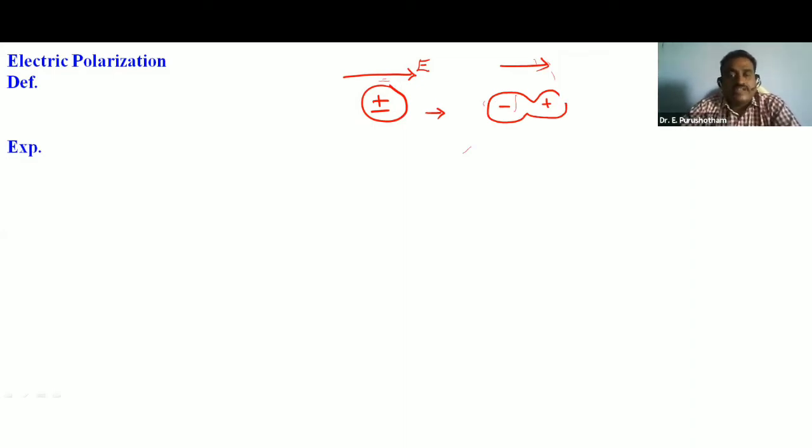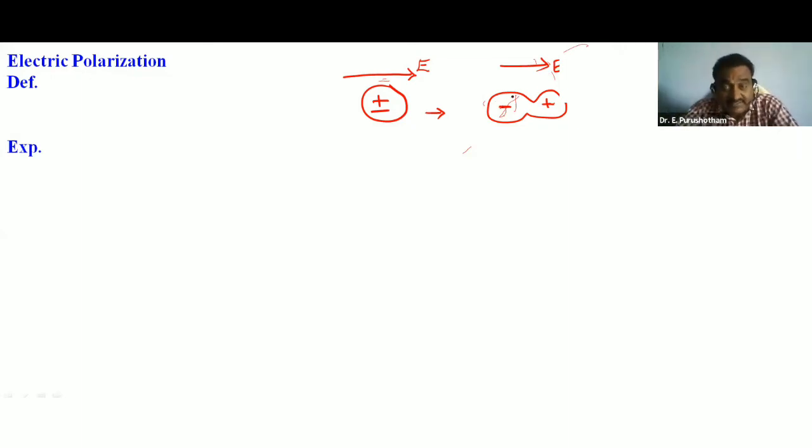This is a negative charge, this is a positive charge, it produces a dipole.